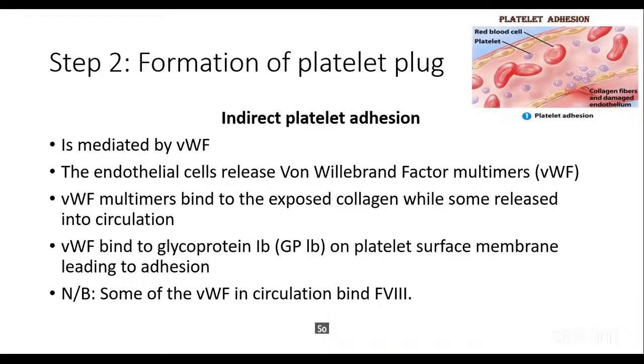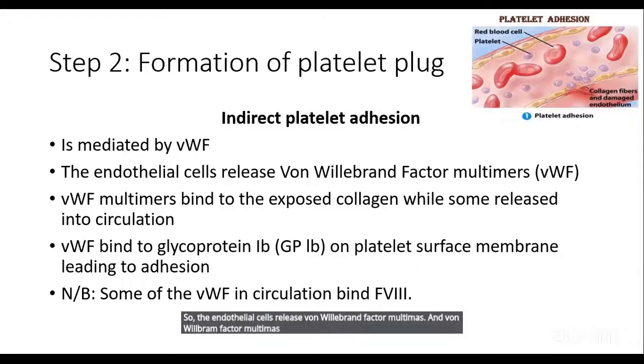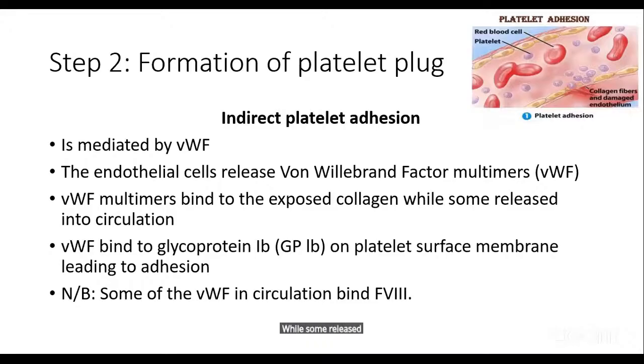So the endothelial cells release von Willebrand factor multimers, and the multimers bind to the exposed collagen, while some are released into circulation. The von Willebrand factor binds to glycoprotein Ib on the platelet surface membrane, leading to adhesion.